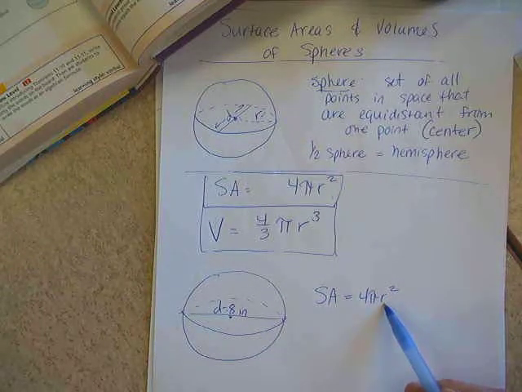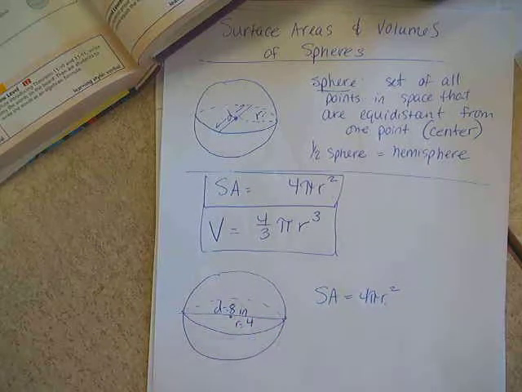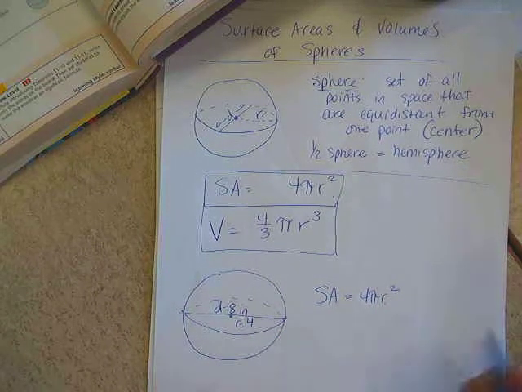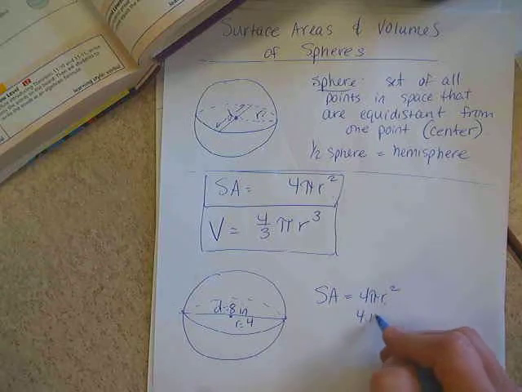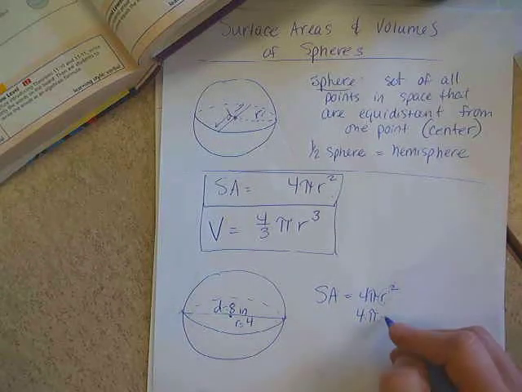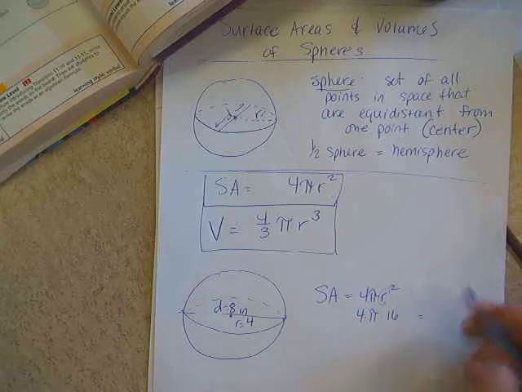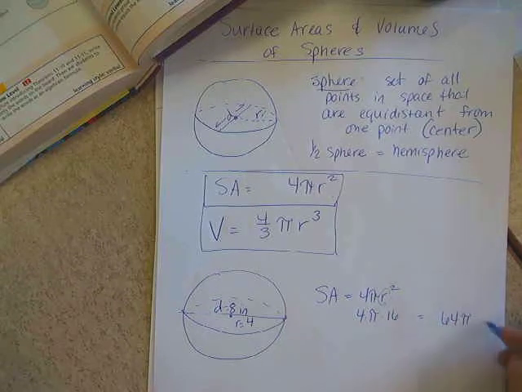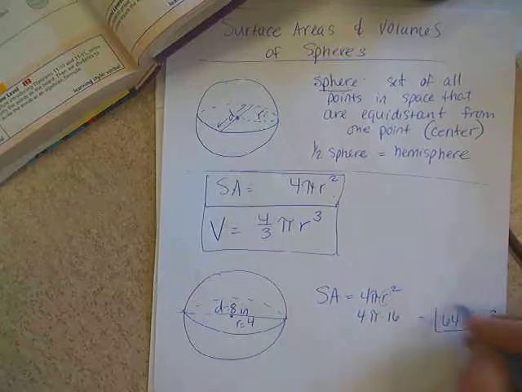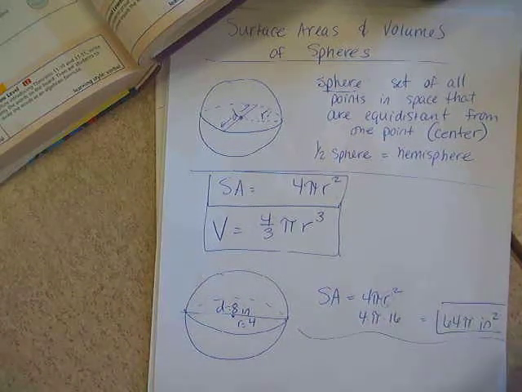So surface area is 4 pi r squared. Since you do need a radius, we cut the diameter in half. So the radius is 4. So that would be 4 times pi times 4 squared, which is 16. In terms of pi, that would be 64 pi square inches for the surface area.